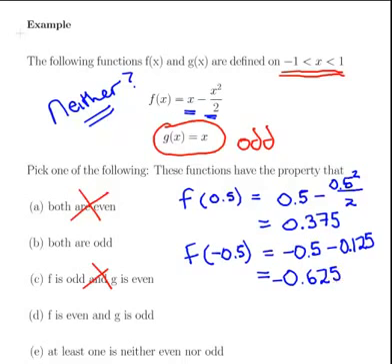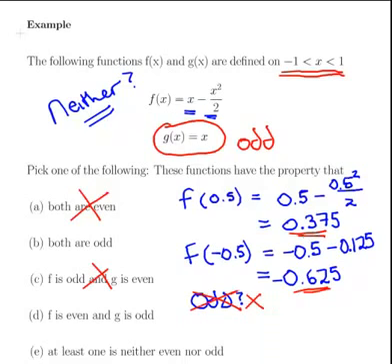Okay. Now, f is not odd. In fact, it's not even, because they don't even have the same numbers. So it's not odd, it's not even. So it's a neither case.